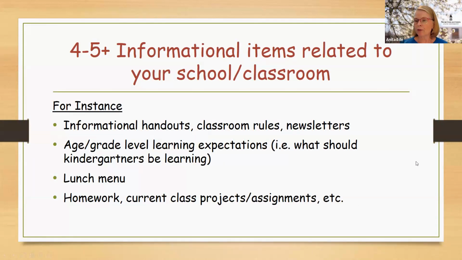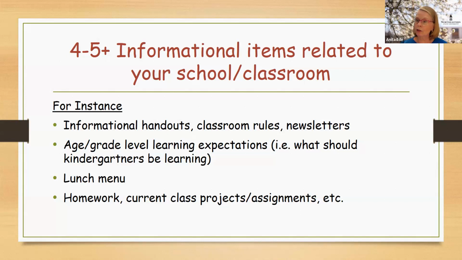So the first set of information that you're going to include is information related to your school or classroom. You're going to have handouts, all that stuff you'd normally just throw in the kids' backpacks. Well, you're going to create that and you're going to make sure it's in PDF form if you put it on the internet. You might want to include classroom rules. You might want to include your newsletter. It's always a wonderful idea to include age and grade level learning expectations.